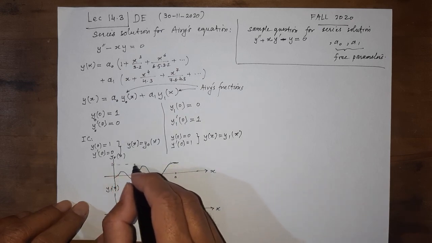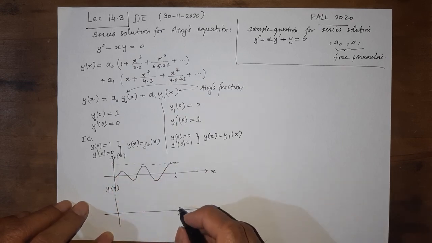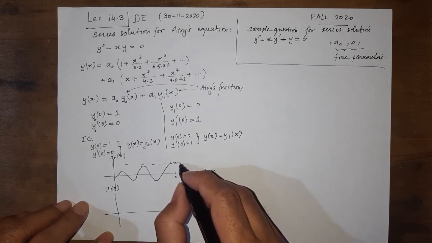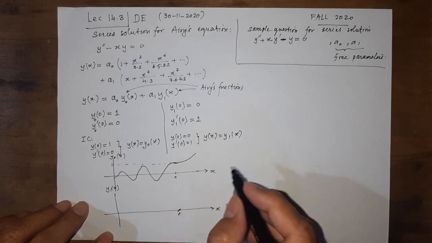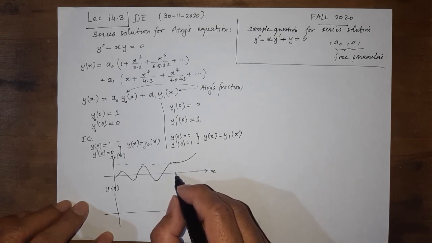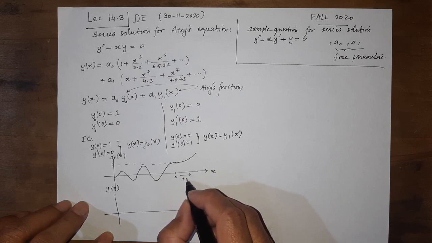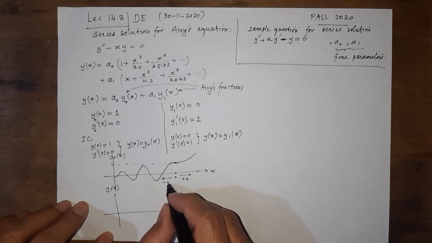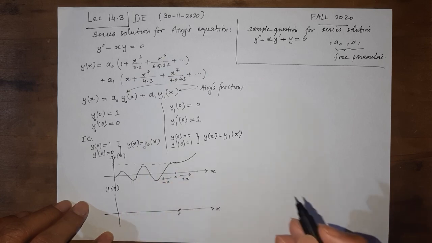This is 1. And after 0, it will be something like this. So that's quite interesting that for positive x it has such a nature, and for negative x it has an oscillatory nature.